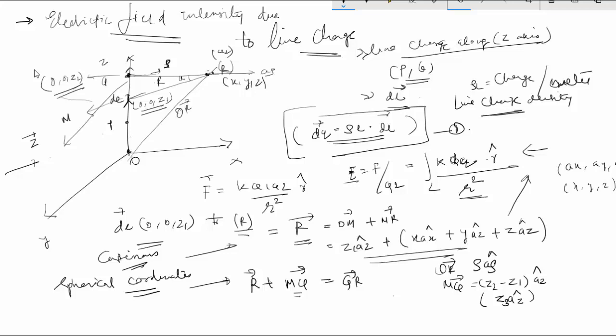So this will become something like the r vector is equal to rho a rho minus z3 az. If I consider this my first equation and this my second equation, I have found the value of r, which is this r vector. I have written it in small letters, but considering our figure, we can write it in the same way.